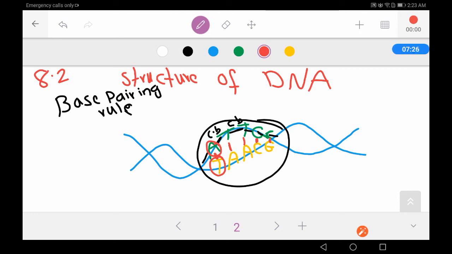These bonds that I drew in red color are hydrogen bonds.